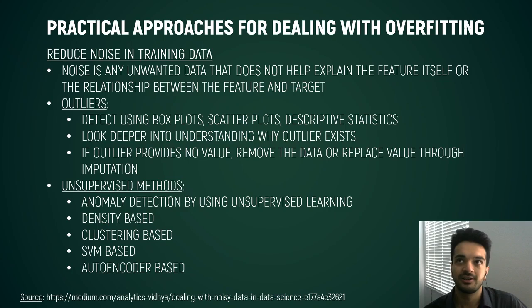So essentially, you're looking at your training set or whatever data you have, and running it through an unsupervised learning algorithm to find outliers or anomalies in the data that could be considered as noise. And don't just blindly remove them again. Look into it, understand why it exists, and then if it provides no value, only then remove it or replace it through imputation.